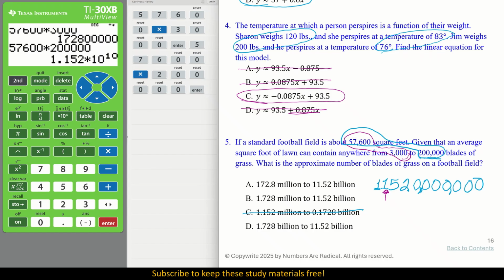So we have 1, 7, 2, 8, and then you have 5 zeros. 1, 2, 3, 4, 5. And we would have a comma here and a comma there. Well, I'm going to be honest with you. Let me change this. If we put the decimal here, that would be our millions, not billions.